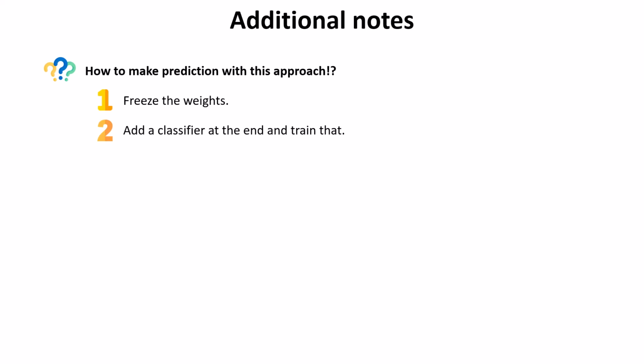So we throw away the encoder key and we freeze the weights of the encoder query, and by adding a fully connected layer at the end, we can train it for the task that we have. It could be image classification or detection and that type of thing.